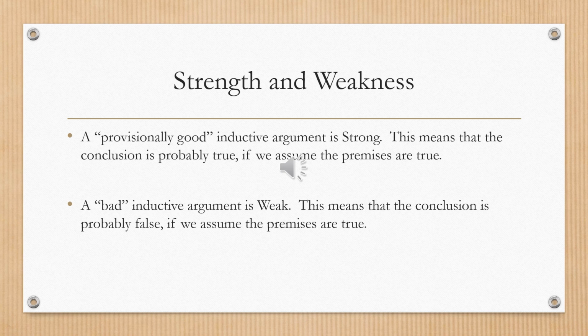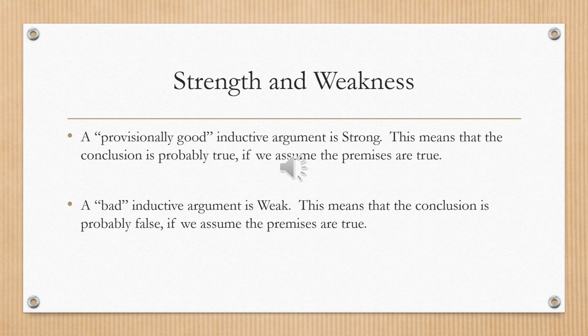So this is what I've been emphasizing so far, and the Padres example illustrates this. A bad inductive argument is weak, and that means the conclusion is probably false even if the premises were true. So what we're determining here is, if we assume those premises are true, would the conclusion probably follow or not?